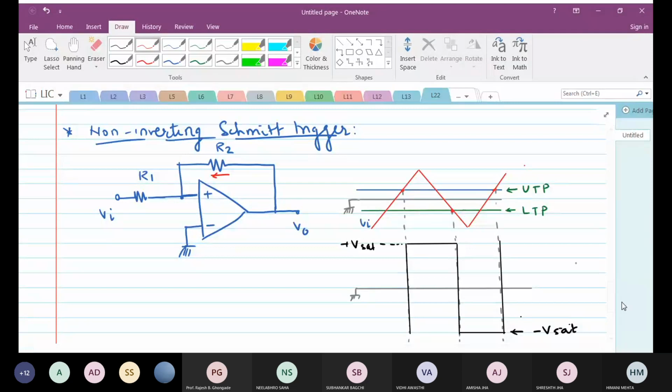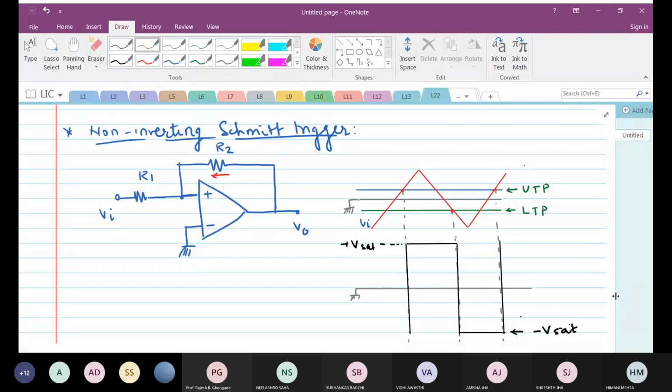So select I2 as 50 microamperes, which is fine. Why? Because I2 is greater than or equal to 100 times IB max. IB max being 500 nanoamperes, I2 is 50 microamperes.